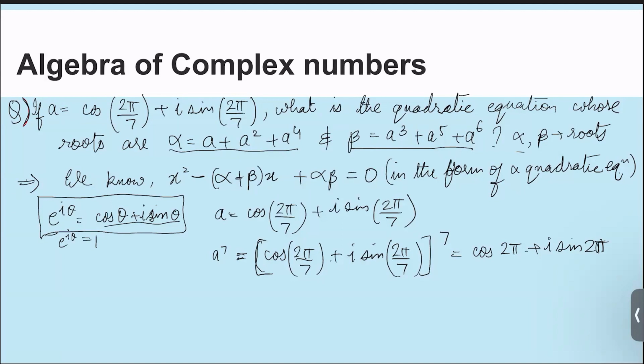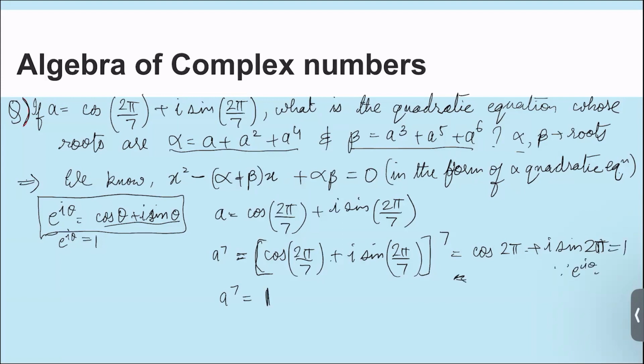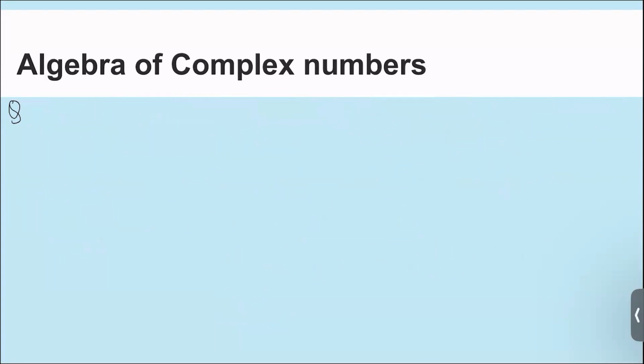So we can write that a raised to 7 is equal to 1, since e to the i theta is equal to 1 in the form of your exponential and the imaginary angle i. So since we now know a raised to 7 is equal to 1, this is one of the conditions that we are going to use for the rest of the sum.